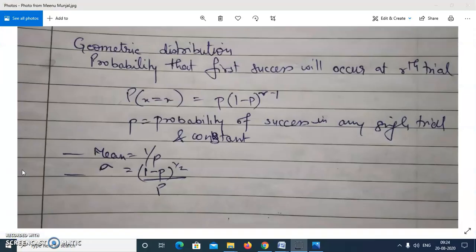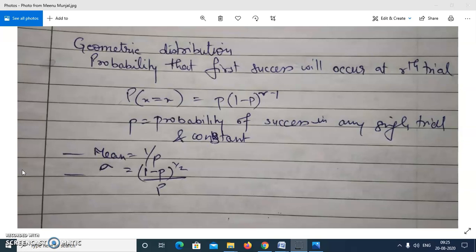And the last distribution is geometric distribution, which is also a discrete variable distribution. It is also an extension of binomial distribution, and in this case we calculate the probability that the first success will occur at the rth trial.